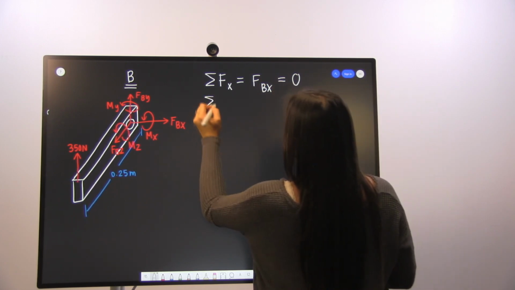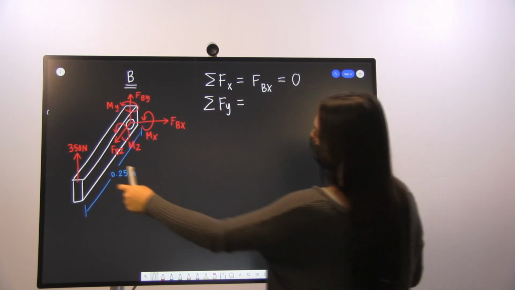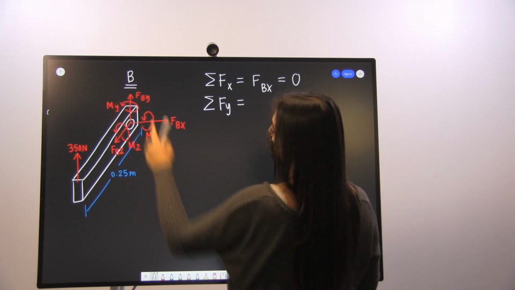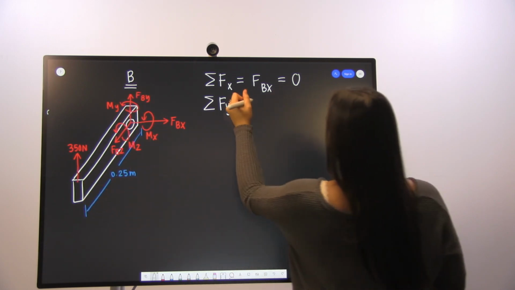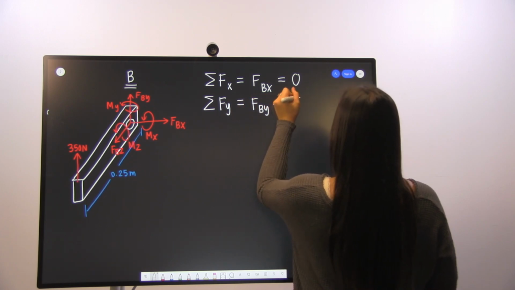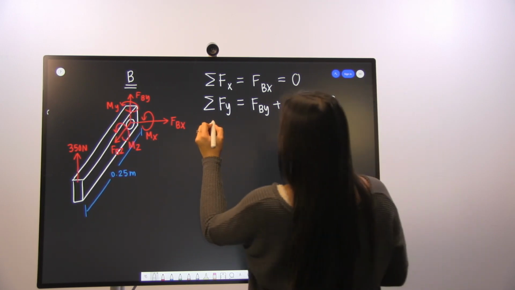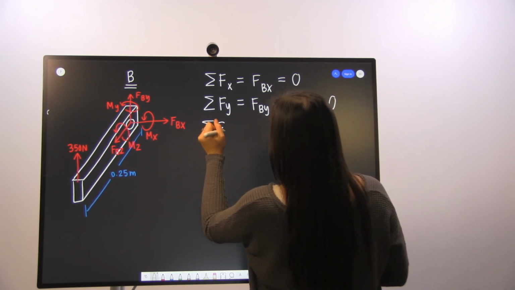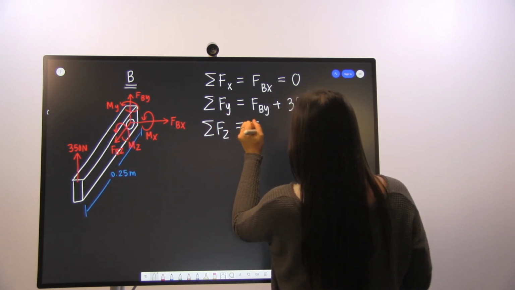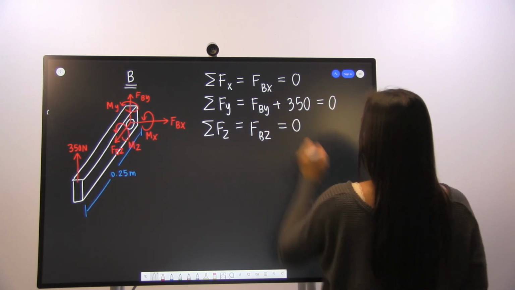We'll follow a similar process for the forces in the y direction. In the y direction, we have our force at B and our 350 Newton force. So we have our Fb of y plus our 350 newtons, and that is going to be equal to 0. Same process again for the forces in the z direction, and all we have is Fb of z, and that again is going to be equal to 0.